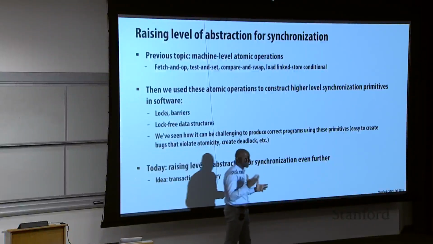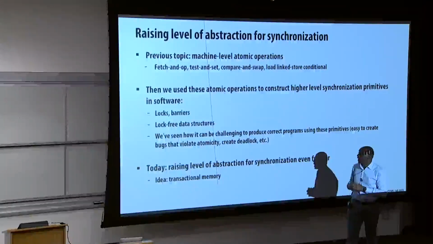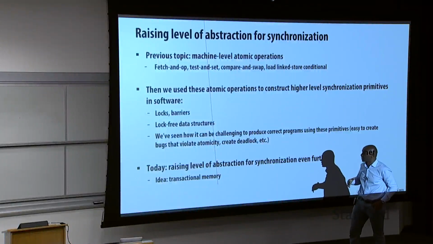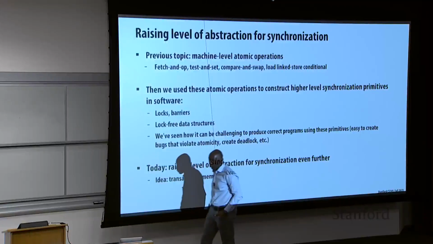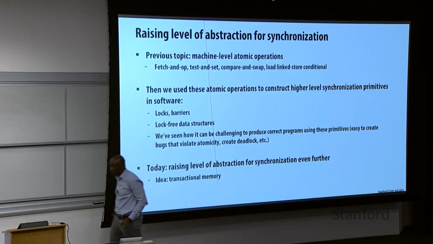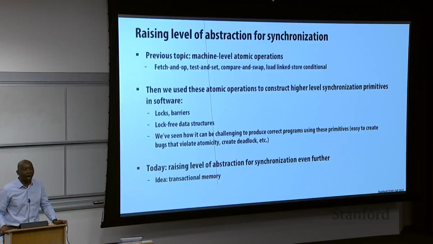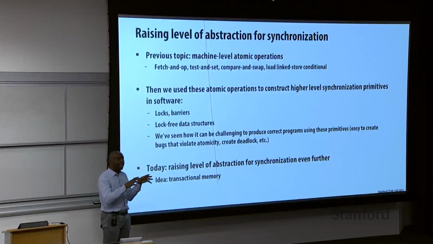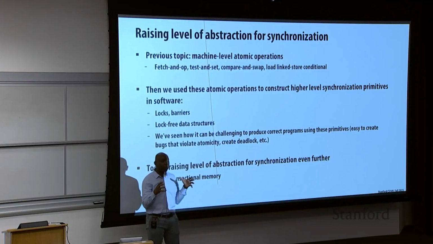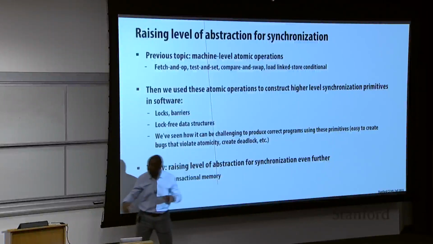So we've seen that, it's actually pretty challenging to develop lock-free data structures. If you're not careful and you do the wrong synchronization order, you end up with deadlock. And so the question is, are there better ways of dealing with synchronization? In particular, can you raise the level of abstraction and make it easier for programmers to get both correct programs and high performance programs, which is what we're all after, right?